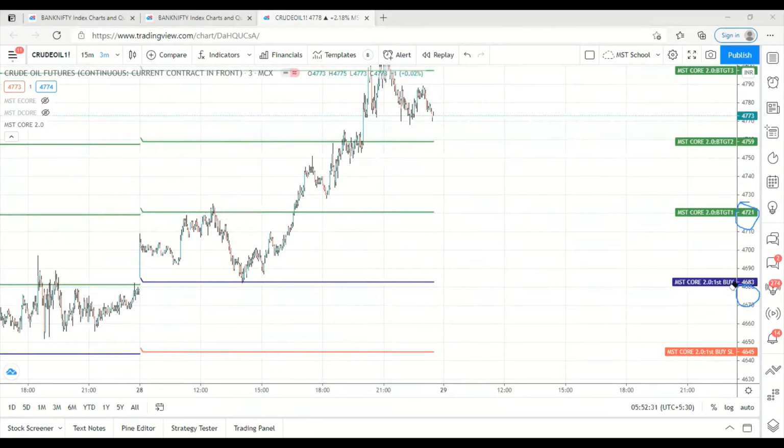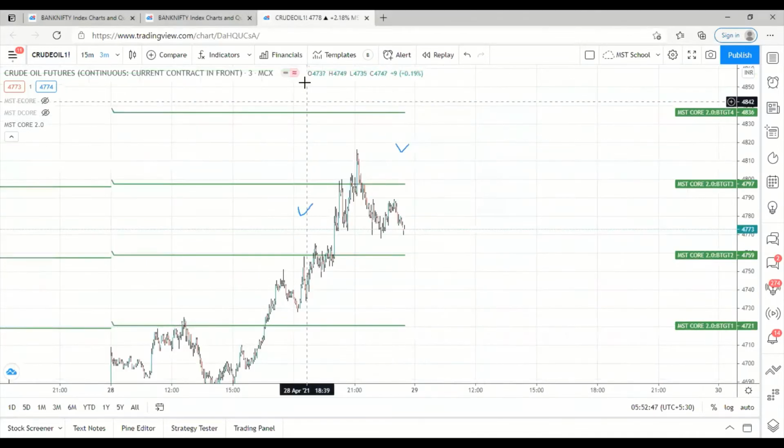Yesterday we mentioned in today's call that risk traders can take 4683 buy. So we entered here at 4683. Our first target 4721 done, second target 4759 done, and third target also done yesterday.